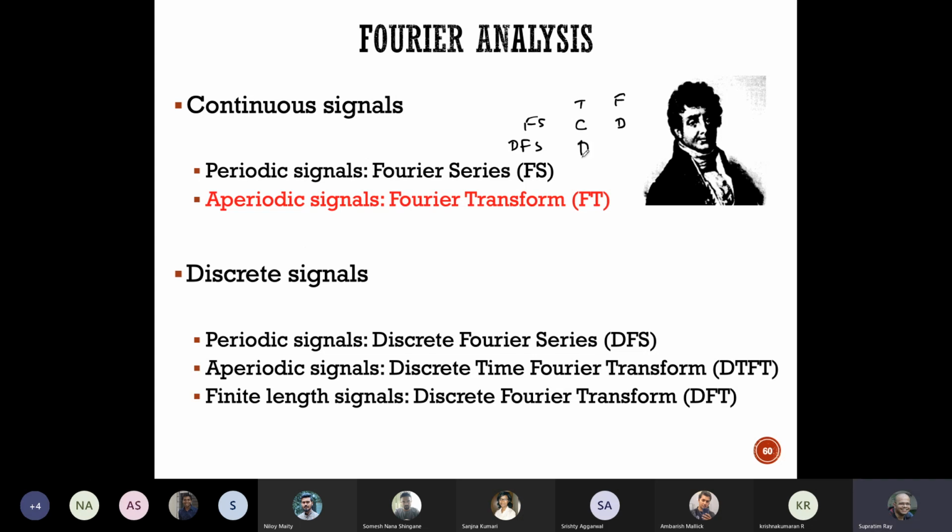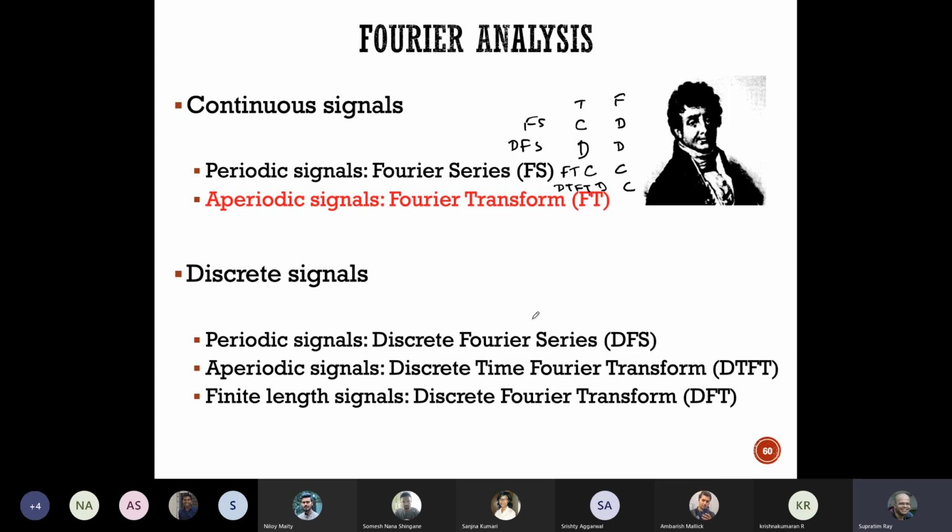Actually, it's discrete and discrete, but also periodic. Fourier transform becomes continuous in both. And discrete time Fourier transform is discrete in time but continuous in frequency. At the end of the day, once we cover this, you will see such a beautiful symmetry and complementarity that it will please you a lot.